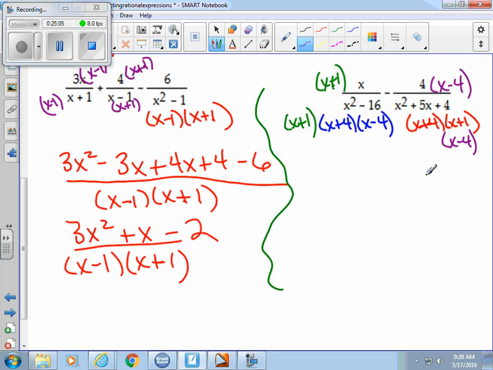No. The x plus 1. So this one had 1. Notice that negative. I'm going to put it with everything on the top. So we have a minus 4x plus 16.